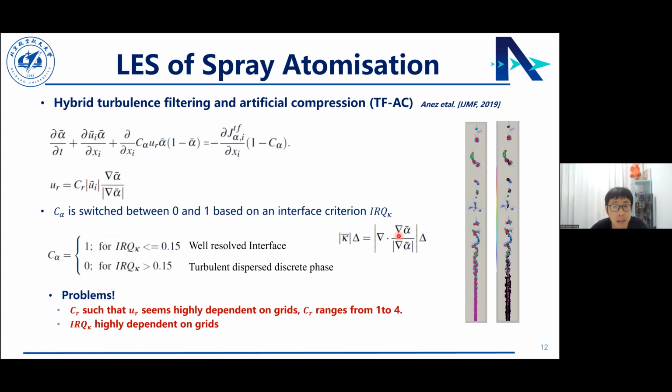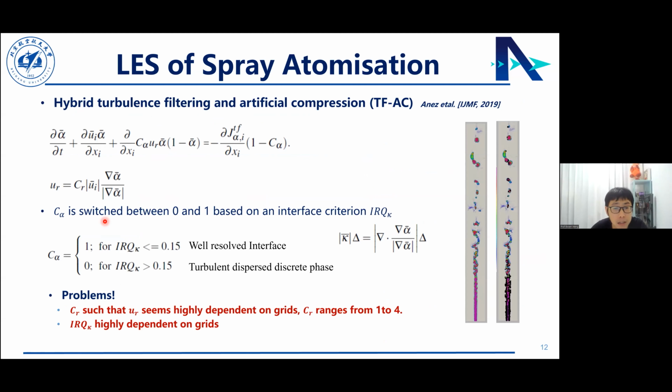And they also use artificial compression to model the interface. They define a criterion, the criterion IRQK, defined by the product of the resolved curvature and the grid size.